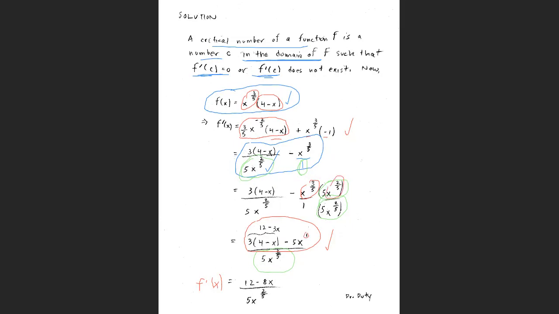The 1 there is because when I add the exponents, I'm going to have 5/5, which is 1. Okay, and so f prime of x equals 12 minus 8x over 5 times x to the 2/5. Are there any questions so far?